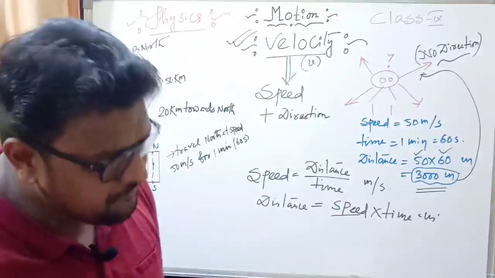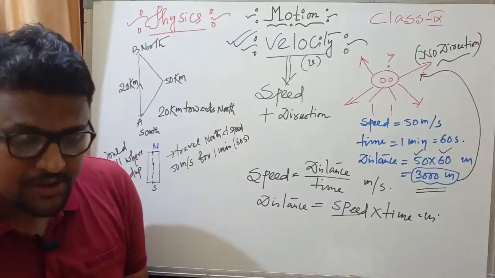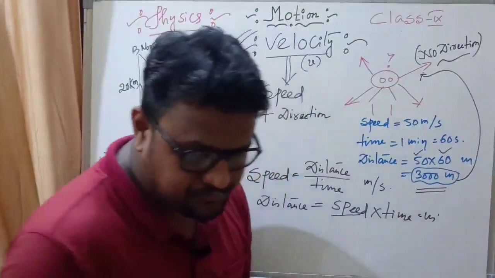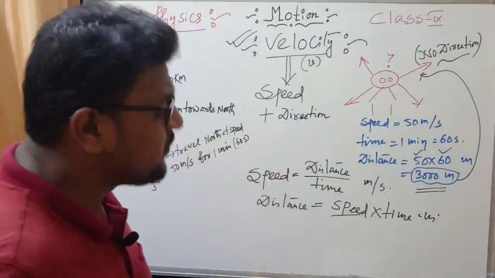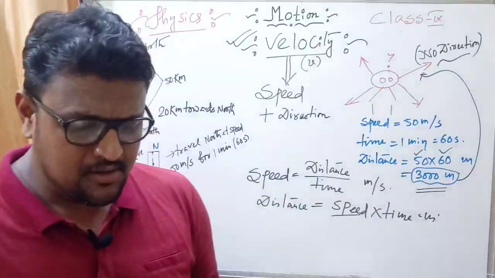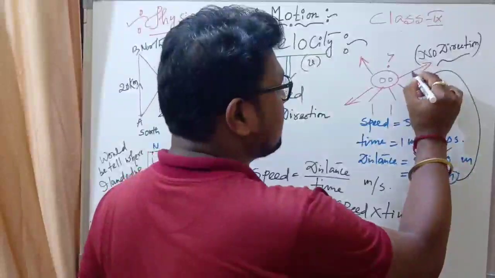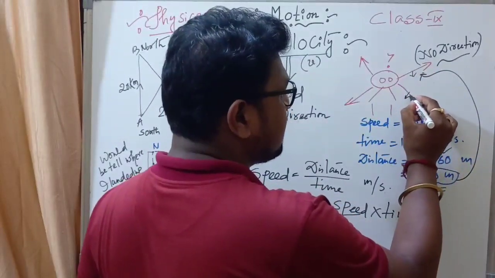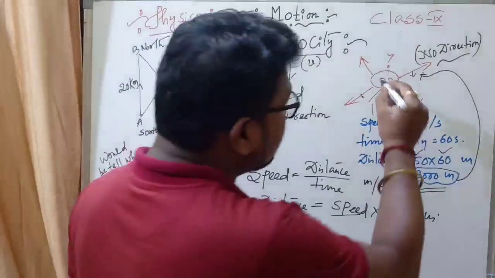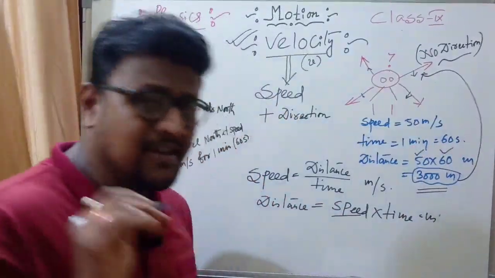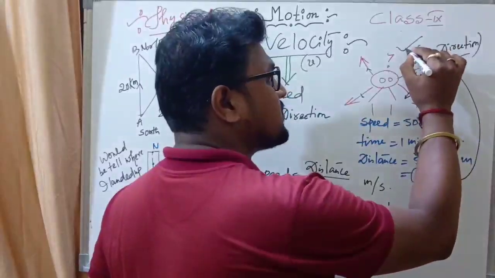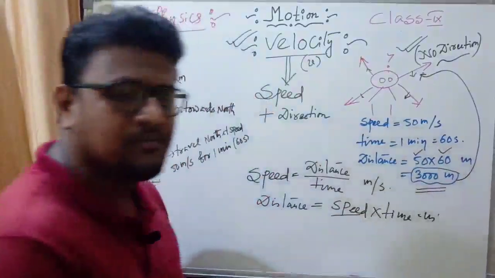So now the question is, if I have covered a total distance of 3000 meters, from this point of view, can you give any clue whether I am here or here or maybe over there? Is any direction mentioned? No, there is no direction mentioned.